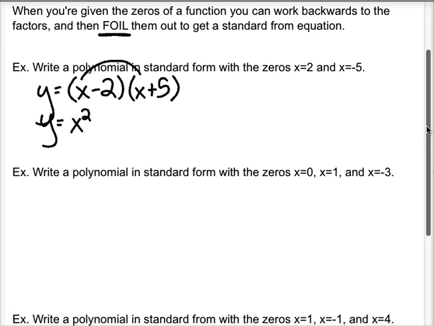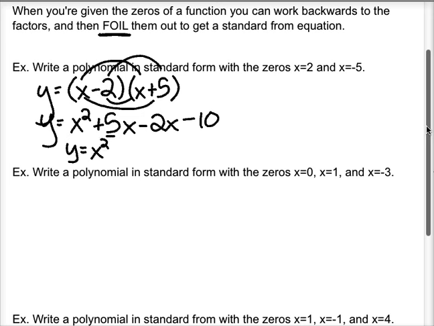So I get x squared plus 5x minus 2x minus 10, or once I combine those like terms, I get that. And that polynomial would have zeros at 2, negative 5.